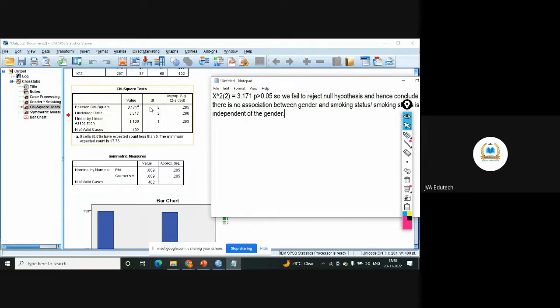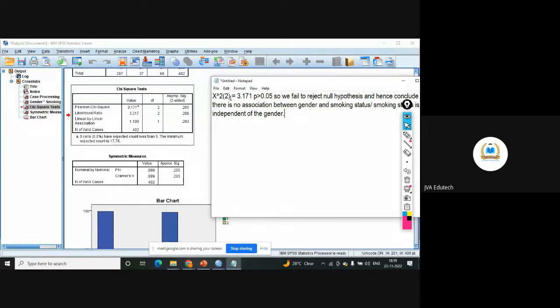Like in correlation, you come to know whether the association is there or not, and then through the r value, you come to know the strength of that association. Similarly here, phi and Cramer's V tell you the strength of the association.